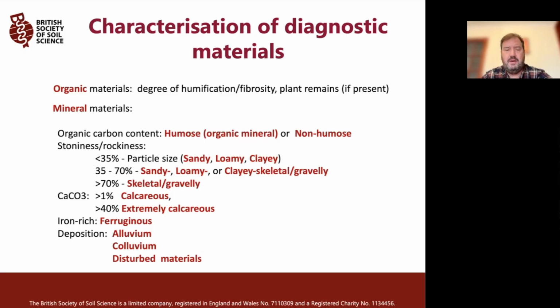You might be looking at how much iron is there, and the colour is a good way of doing that. I'll come back to colour in a moment. And lastly, the sort of historical derivation of the soil, whether it's been deposited by water. And there's a couple of examples here of ways that soil can be deposited.